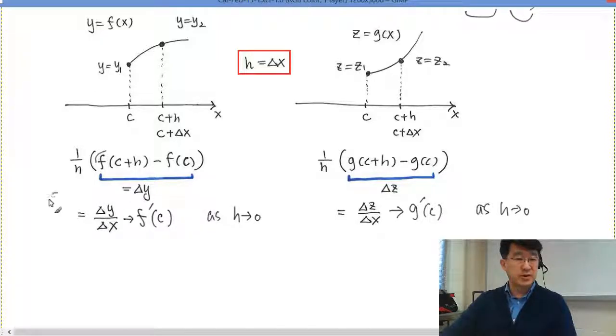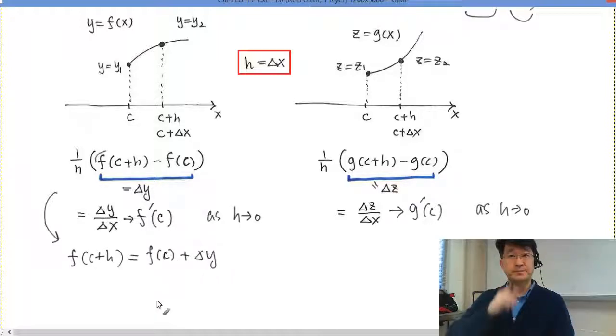And from there we also have a nice thing you can write down. Can you solve this thing that's equal to delta y for f of c plus h? If this difference is equal to delta y, what is f of c plus h? Do you see that it is f of c plus delta y?